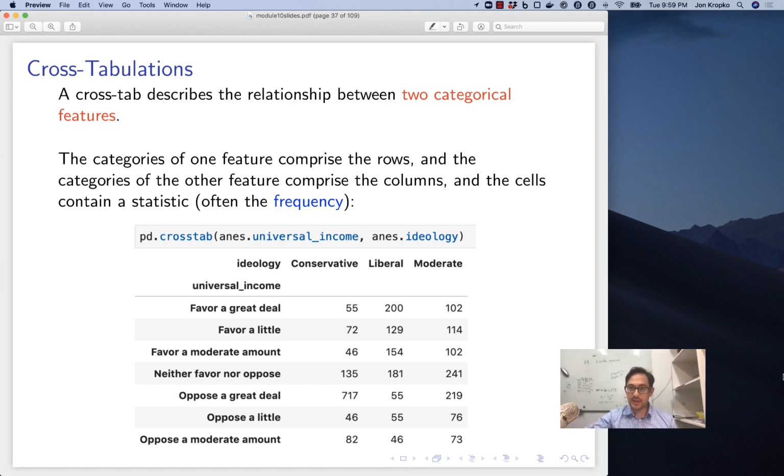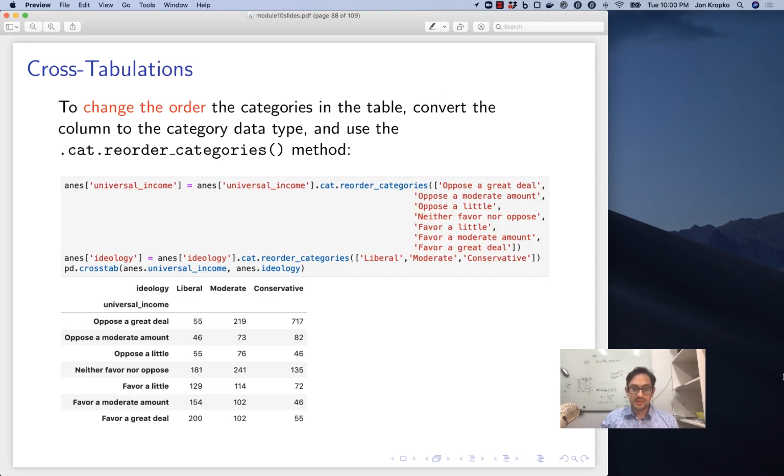Now there are many other kinds of crosstabs and things we can do to make this table better. The first thing we can do is reorder the categories. Previously, the categories in both the rows and the columns were in alphabetical order. But I want them to be in different orders. I would like these to be ordered from opposition to favoring the universal basic income.